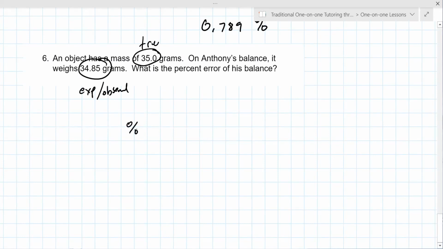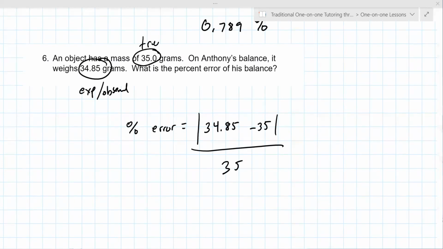Okay, so the percent error here is the experimental value, 34.85 minus 35 absolute value over 35. So the second number always comes twice. Okay. So here you get 0.0043. And then when you multiply by 100, you get 0.43%.